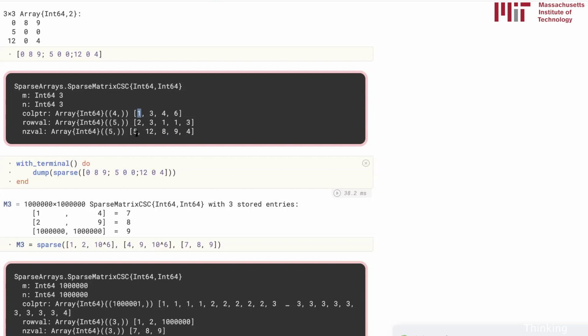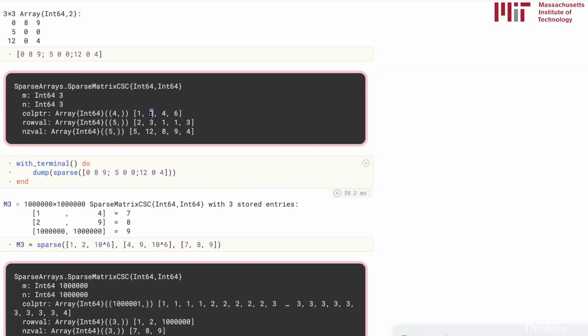So the 1 pointing to the 5 says the 5 is the first entry in the first column. The 3 pointing to the 8 says the 8 is the first entry in the second column, right? The 3 is the second number in the sequence. 4 is the third number in the sequence, so we count to 4 here, we get to 9, and 9 is the first entry in the third column, okay? And then finally, 6 says we're beyond the end. There's no 4th column, okay? So that's what it's signifying.